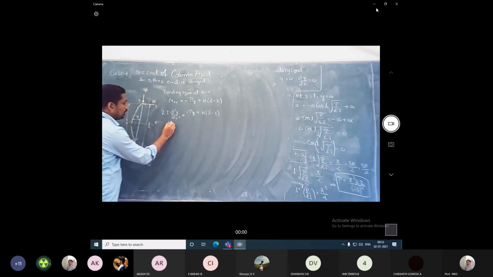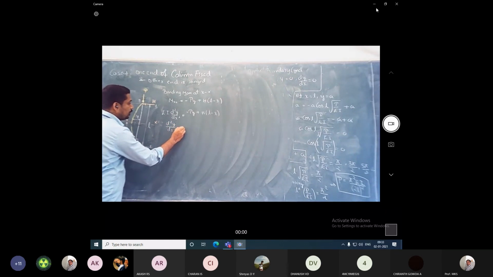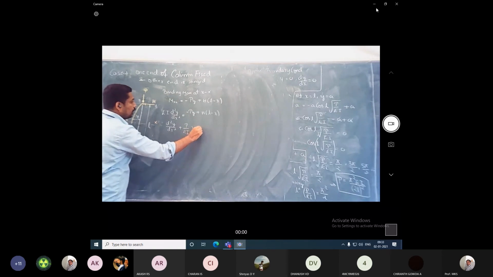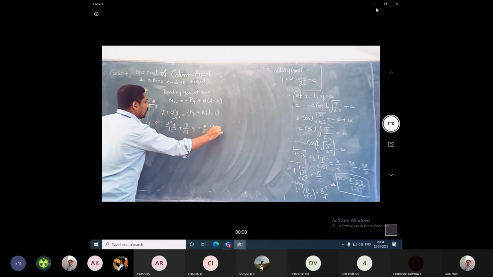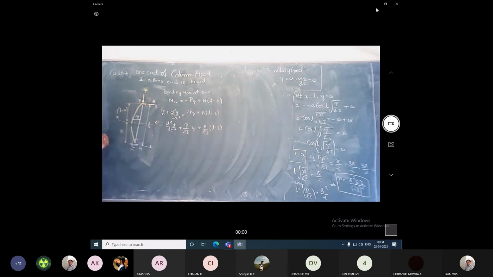We will be left with d²y/dx² plus P by EI into Y equal to H by EI into L minus X. H by EI into L minus X is a constant.